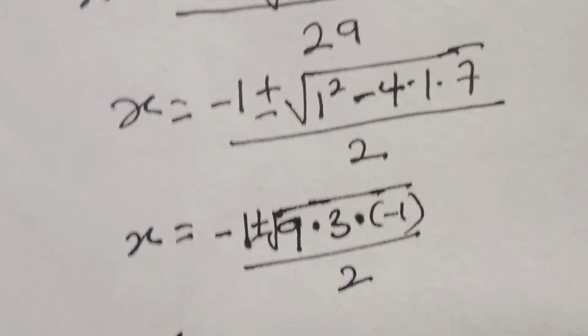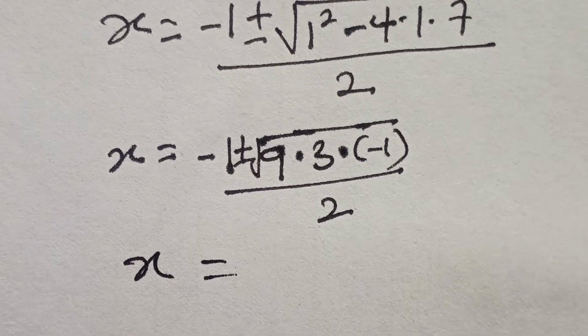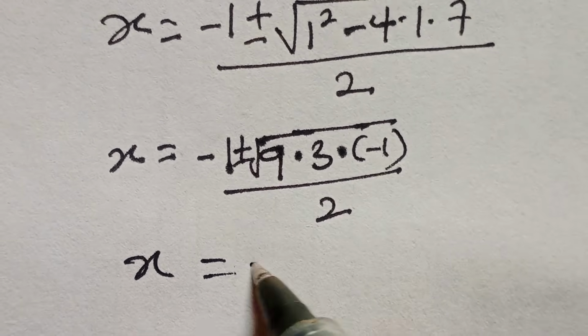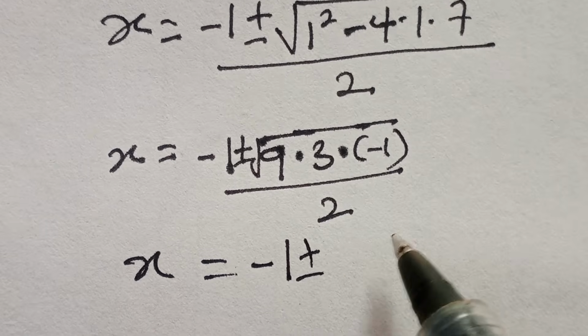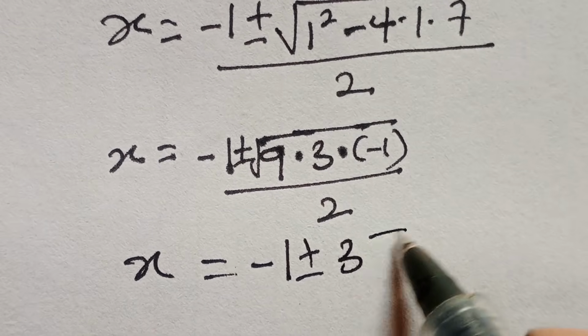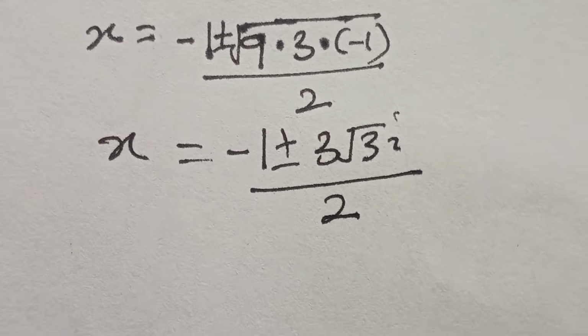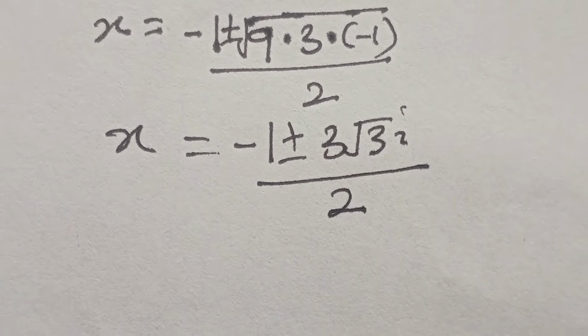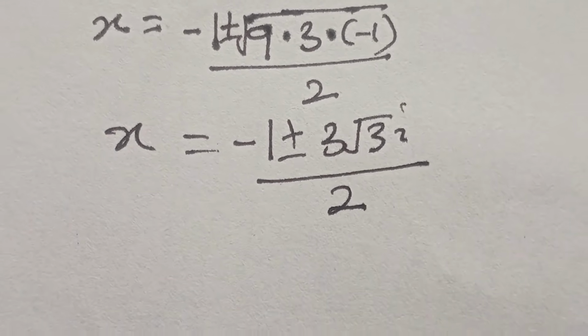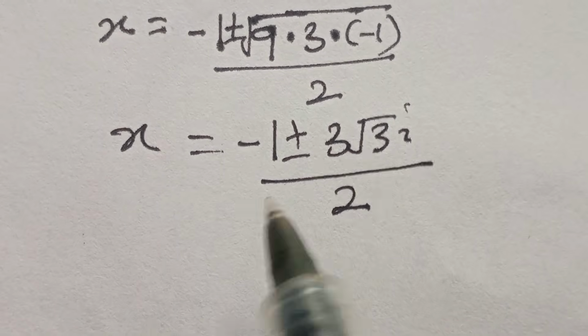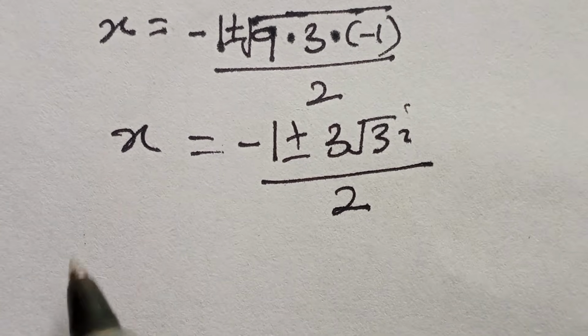So our value of x will be minus 1 plus or minus 3 square root of 3i divided by 2. Yes, this is another value of x. So this shows that the number of values of x that we are looking for is 6.